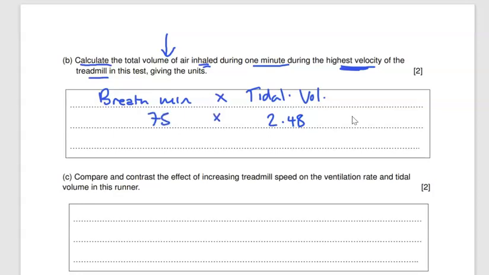Get your calculator out and do the calculation, and you should come up with a value of about 186. Now the units would be liters per minute. You may put that as liters per minute to the power of minus 1. That's an alternative way of expressing that. So this is the value that we're looking for.